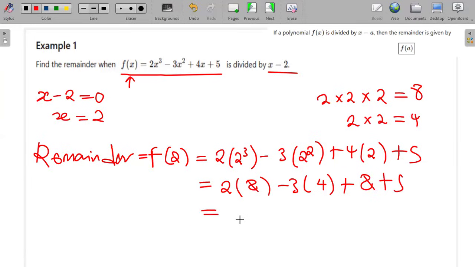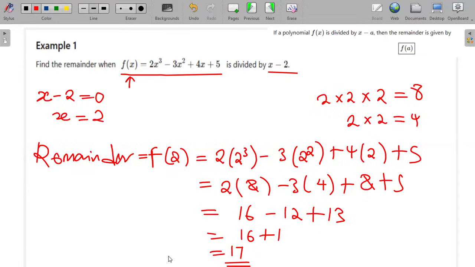So I have 16 minus 12 plus 8 plus 5, that is 13. So this is simply 16 minus 12 plus 13, that will be plus 1, and my remainder is simply going to be 17.